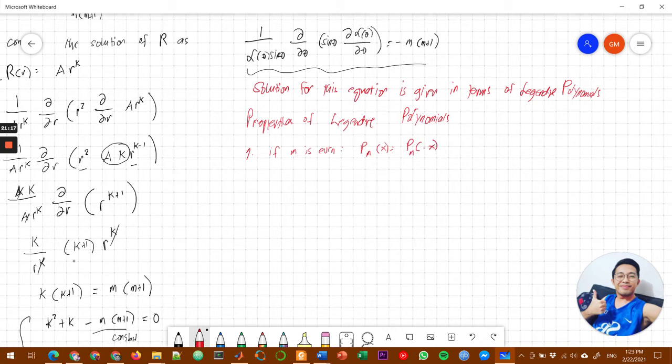Even if it's negative, if m is even, then they have the same form of solution. Okay, they have the same form.